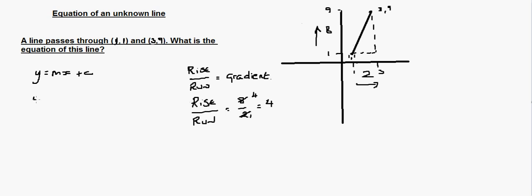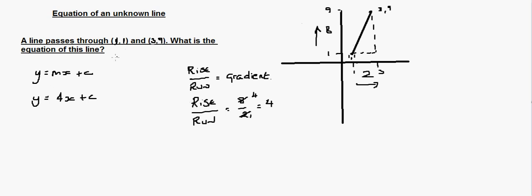So we can say that y equals 4x plus c, because we don't know what the c value is. Now to find the c value, we just substitute in either one of these coordinates. So let's take, say, this one, for example.